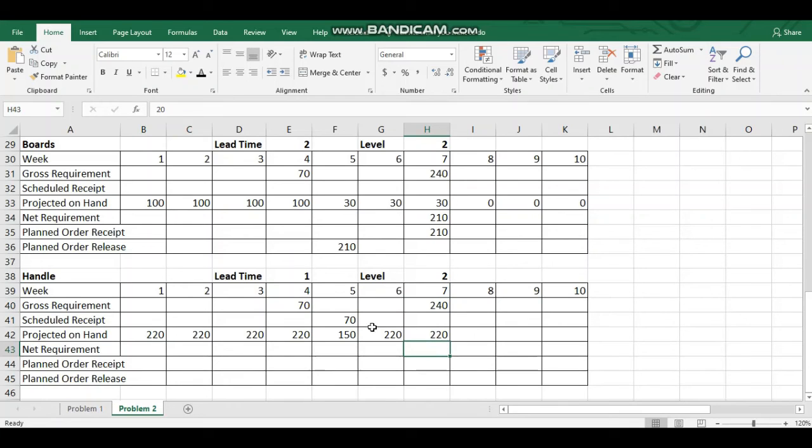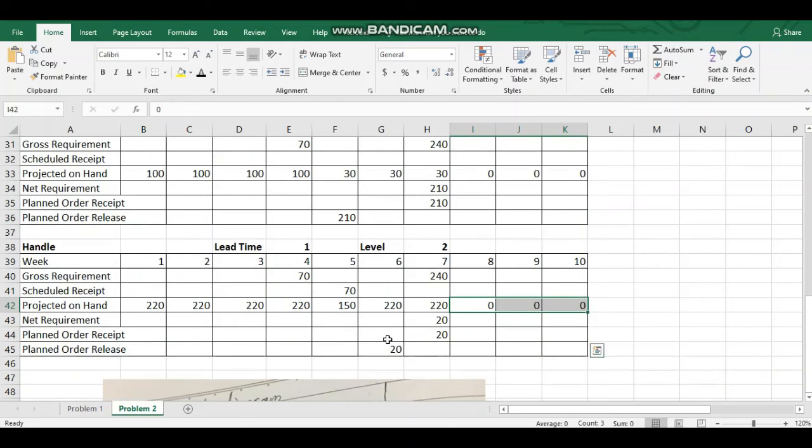It becomes our net requirement, and we have to order it 1 week before, since our lead time is 1 week. It will be received here, and the gross requirement in week 7 will be fulfilled using our inventory plus this 20 from planned order receipt. So we have no inventory for the next week until the end.